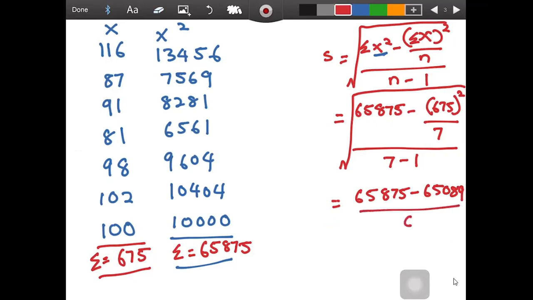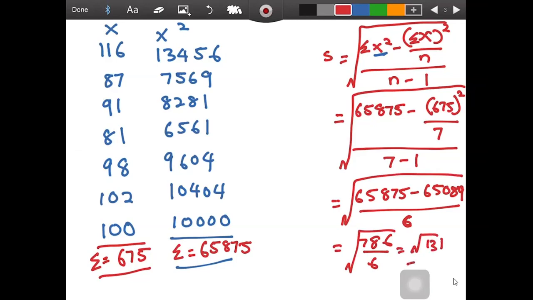Equals to 786. 7 tolak 1, 6. 7 minus 1 is 6. So equals will be square root of 786 divided by 6, square root of 131 equals to 11.45.